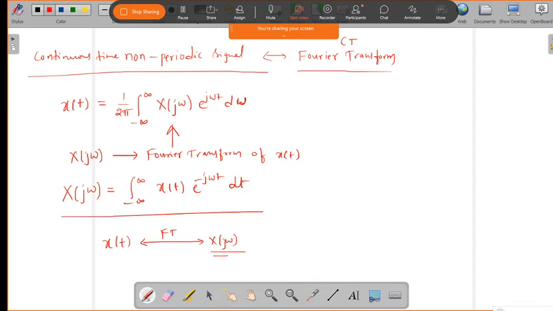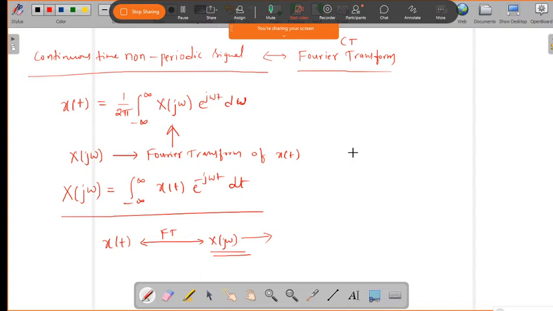This x of j omega is the frequency domain representation of the time domain signal x of t. We call it the frequency spectrum, and it is also non-periodic in the frequency domain. Since the time signal is non-periodic, the frequency domain is also non-periodic, but in the case of DTFT, in the discrete time case, the frequency domain is periodic.